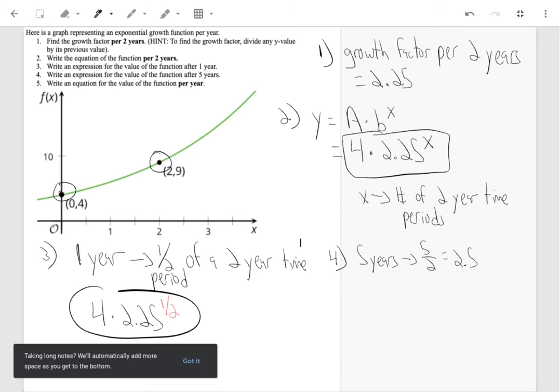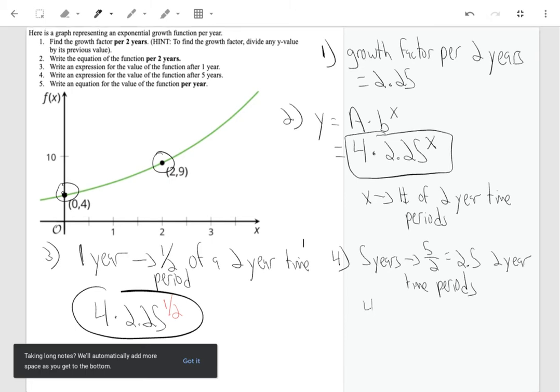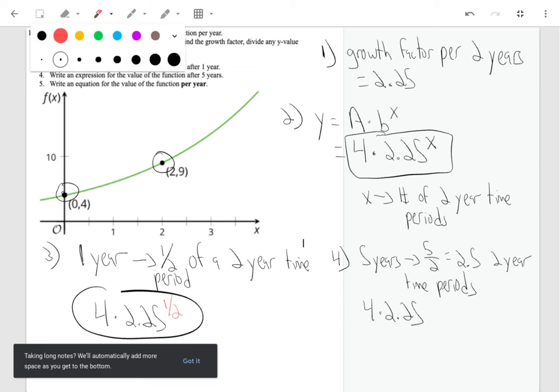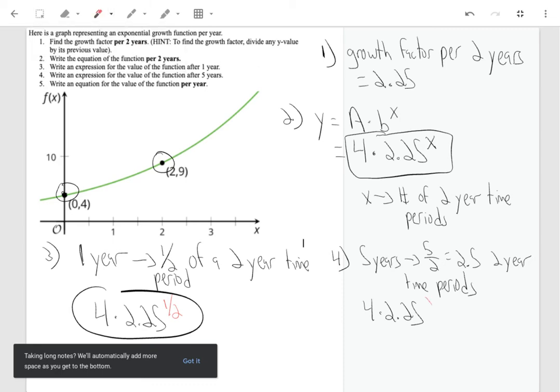So 5 years is the same as 2.5 2-year time periods. I'm going to do the same thing that I did in number 3, except I'm going to plug in x equals 5/2 or x equals 2.5. Either one works, and I could put that in a calculator if need be.